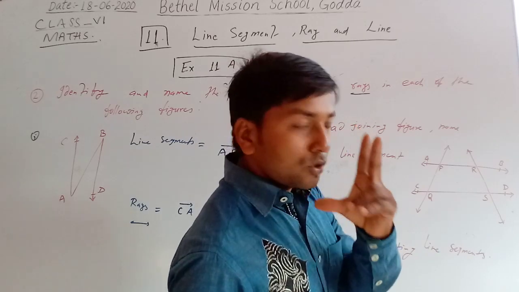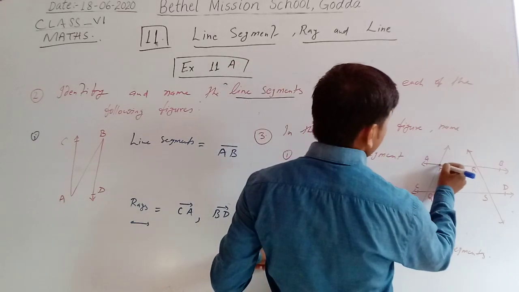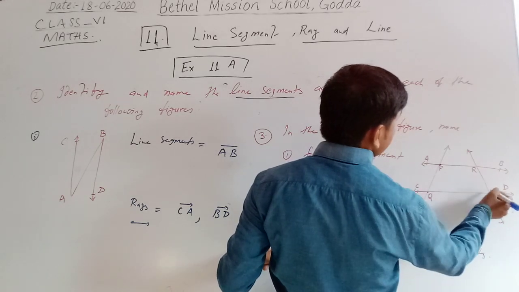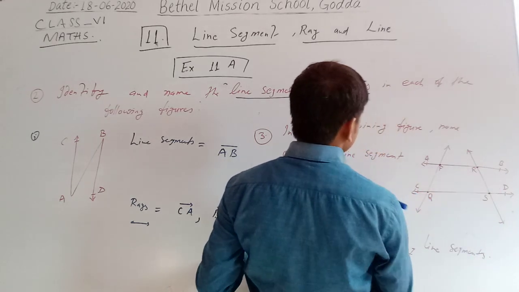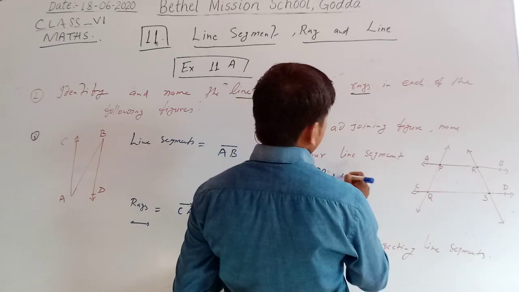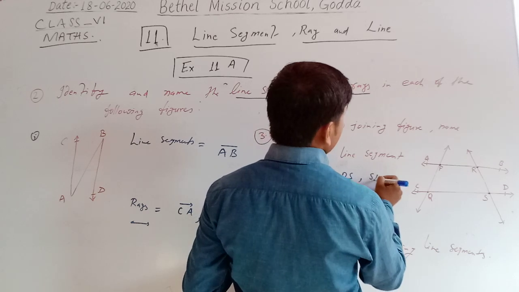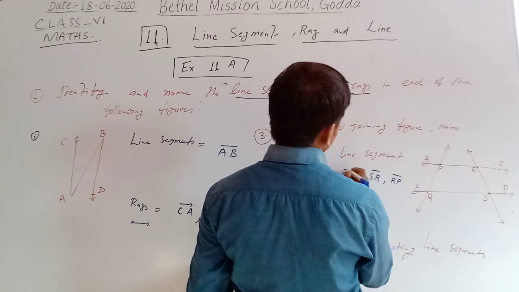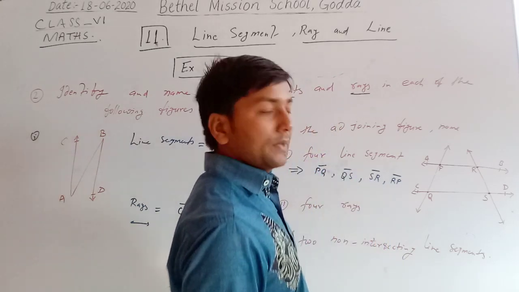A line segment has 2 end points. This is line segment from here to here. Here again QS and RS and PR, that is line segments. PQ, QS, SR and RP, that is 4 line segments.